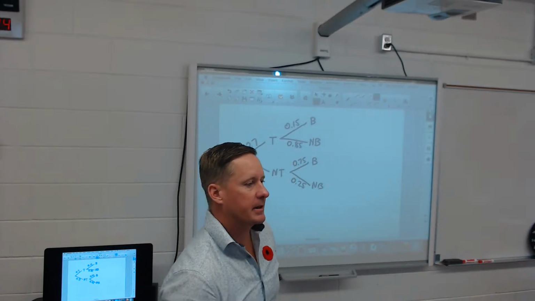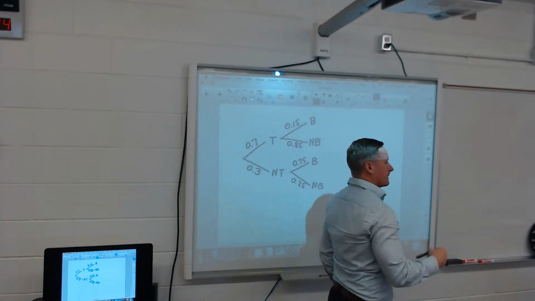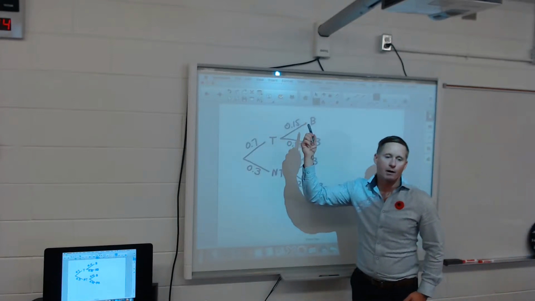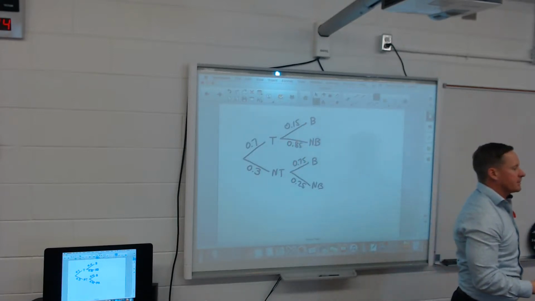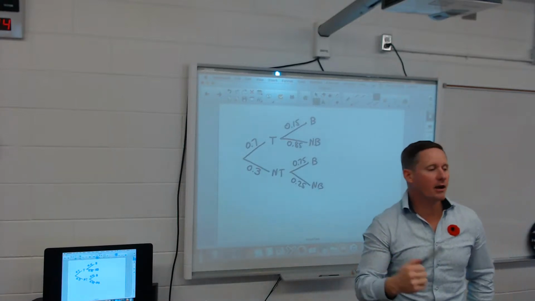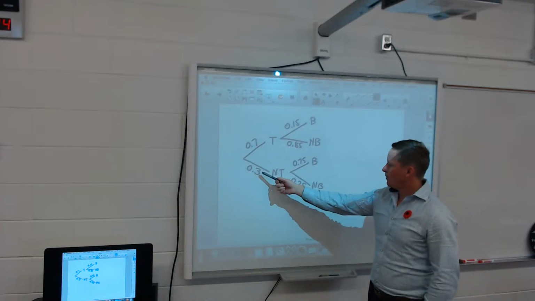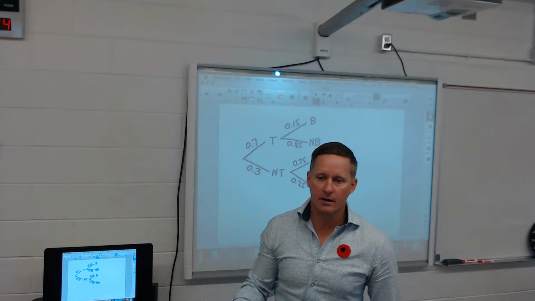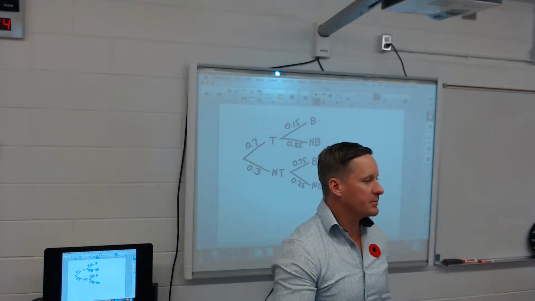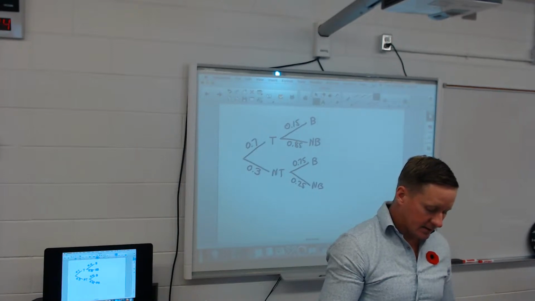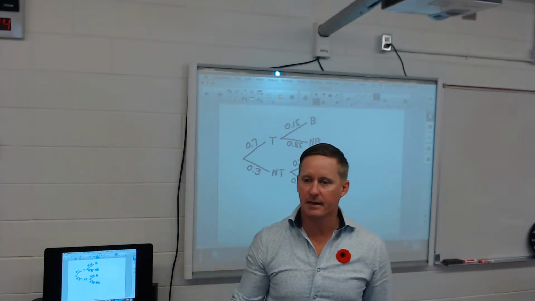So what's the probability that he set the timer and burnt the bread? 0.7 times 0.15. What's the probability that he did not set the timer and then did not burn the bread? 0.3 times 0.25. Those are all of the possible outcomes. But this one has placed a condition on it. What is the probability that Jason burnt the banana bread today?